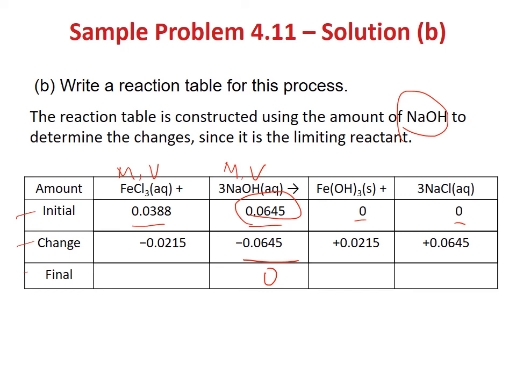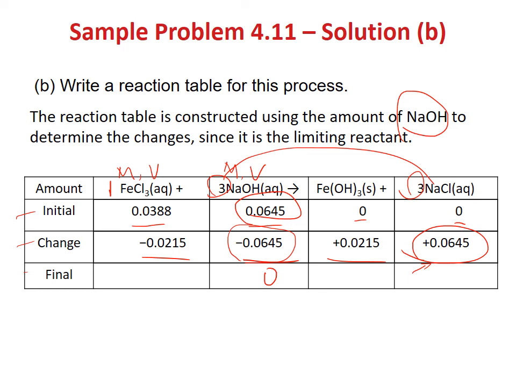We look at the stoichiometry. For iron chloride, the ratio is 1 to 3, and therefore if we know the change for sodium hydroxide, we divide by 3, and that gives you 0.0215. The same goes for iron hydroxide formed. For sodium chloride, the coefficient is the same as sodium hydroxide, so the change must also be the same, 0.0645.